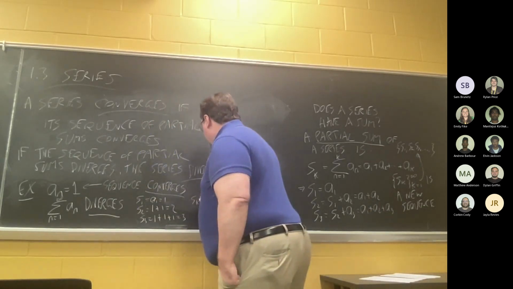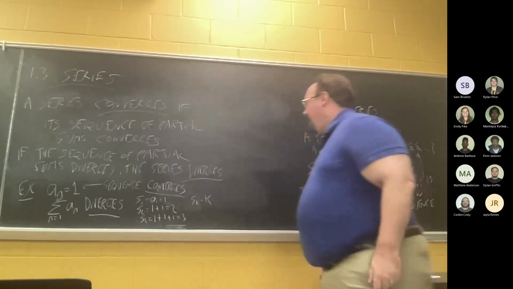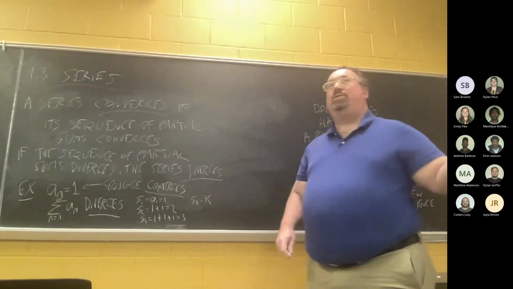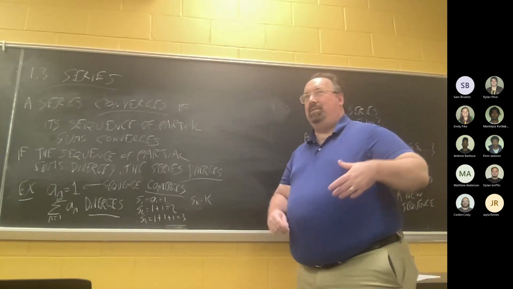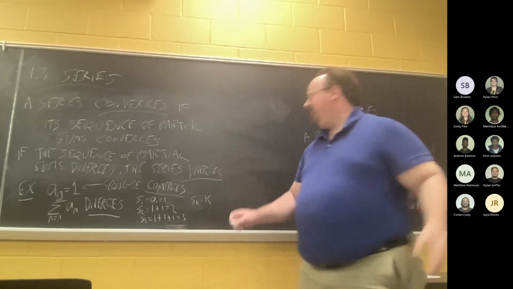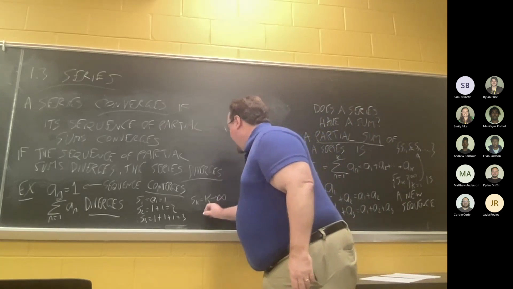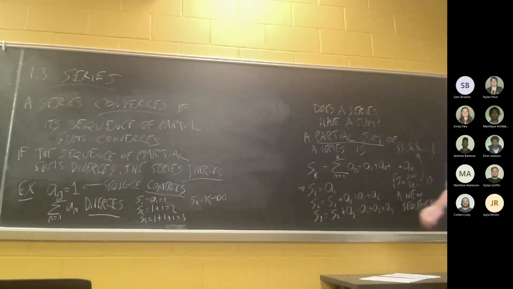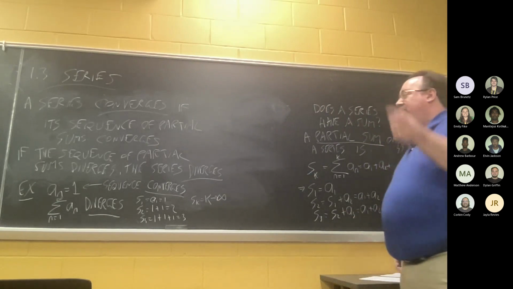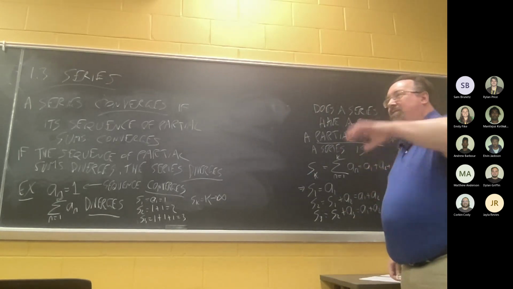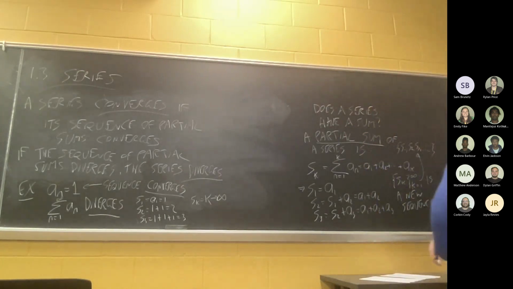So s_k is equal to k. As k goes to infinity, well, shocker, k goes to infinity. So the sequence that we're summing may converge, but because the sequence of partial sums of that sequence diverges, the series diverges.